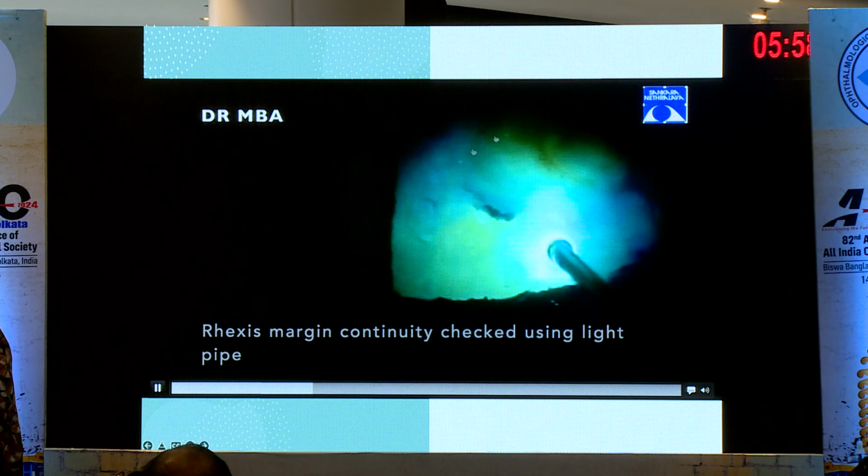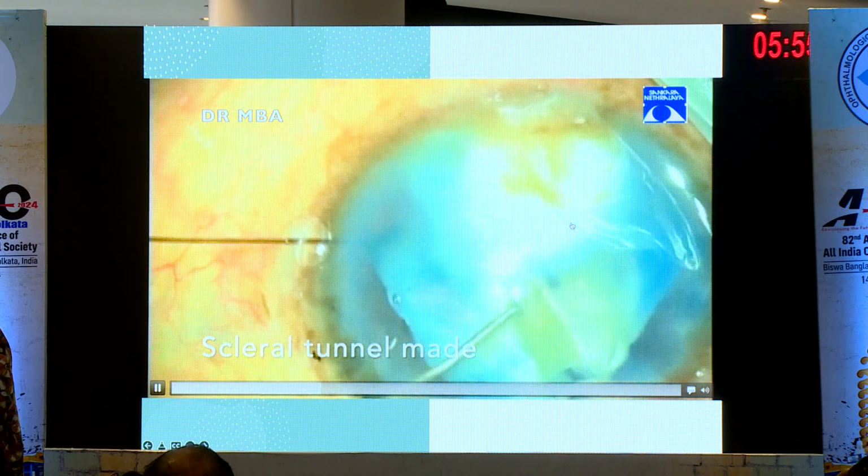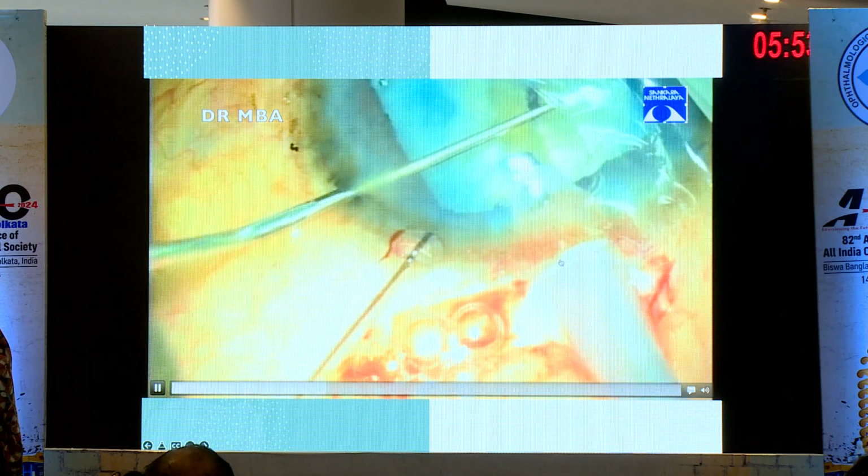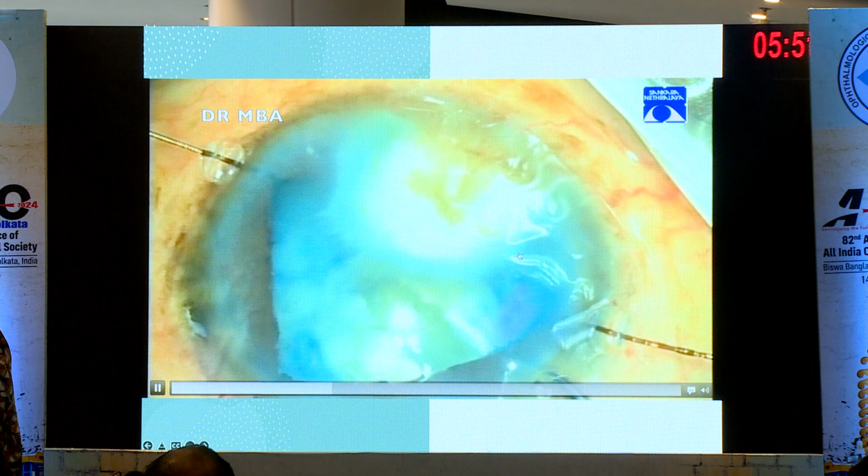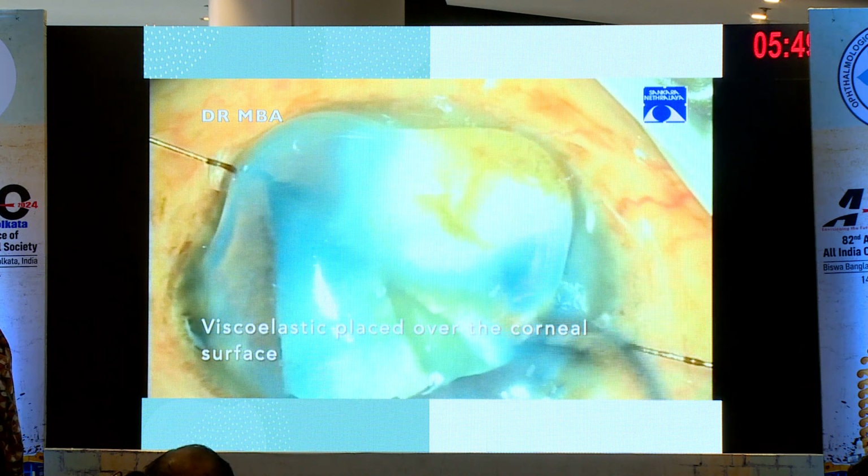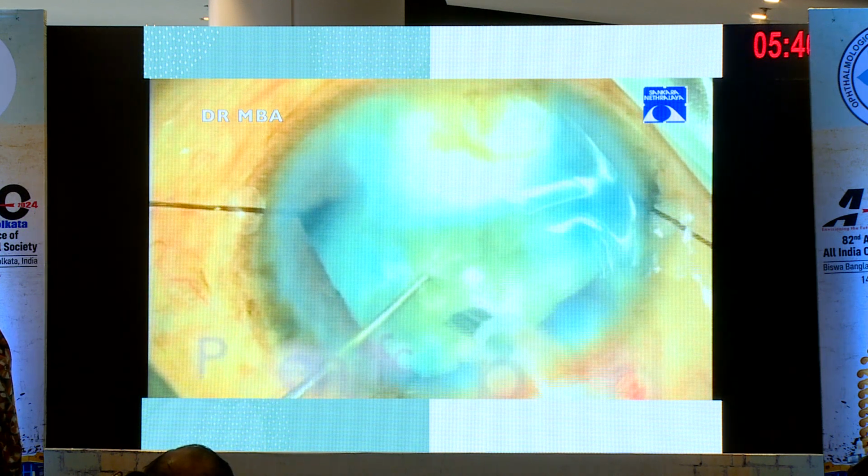Rhexis margin continuity checked with an endoilluminator. Scleral tunnel made and phacoemulsification performed. Viscoelastic to improve magnification and increase visualization.